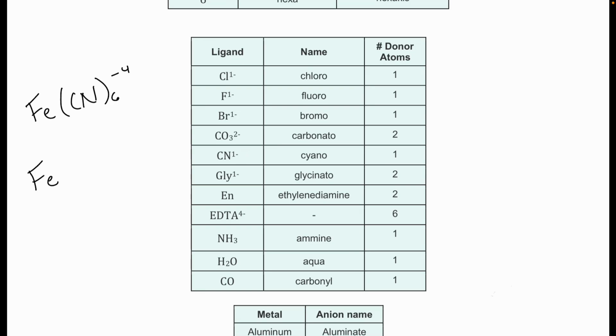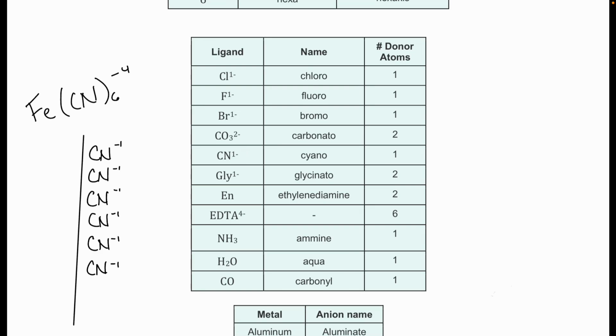Right, remember how we figured this out? We're going to have to look at each of these ligands. We have 6 of them. Each one has a charge of -1. So that's going to sum up to -6.